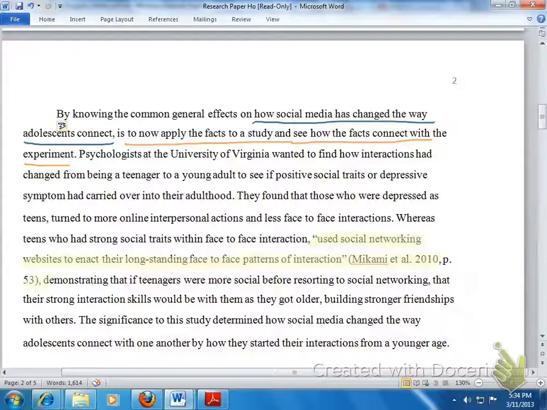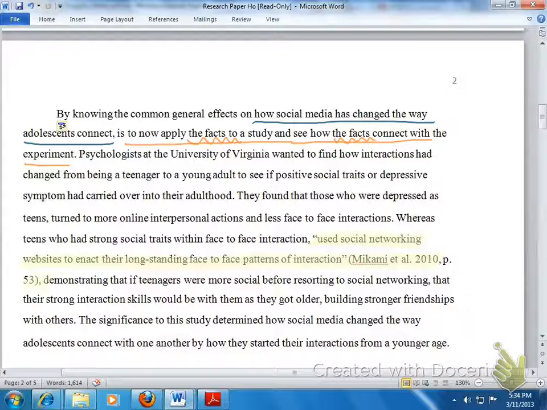But I think it is this, and see how the facts connect with the experiment. There is something going on that's not clear about what these facts are. Now I'm wondering if I cut it out of that paragraph. I don't think I did. So I'm going to write this. What facts? Okay, apply the facts. Okay. But yeah, we feel like something's missing.